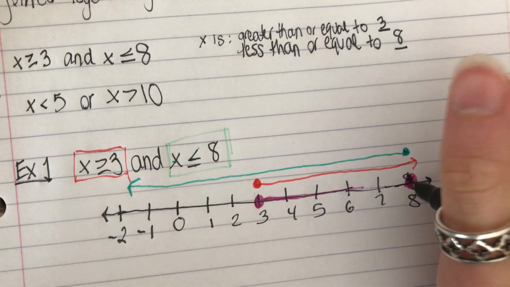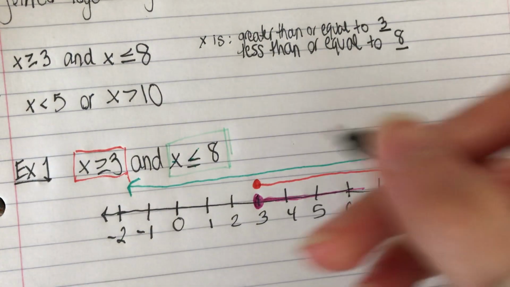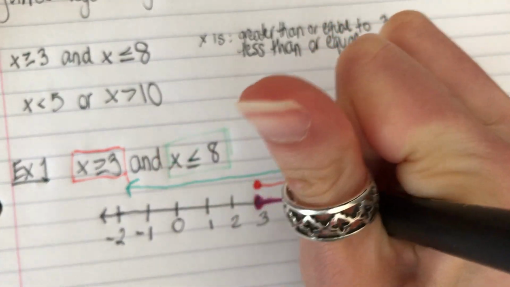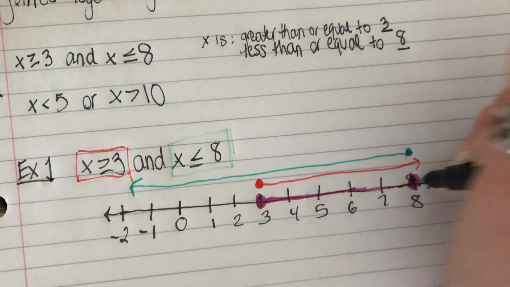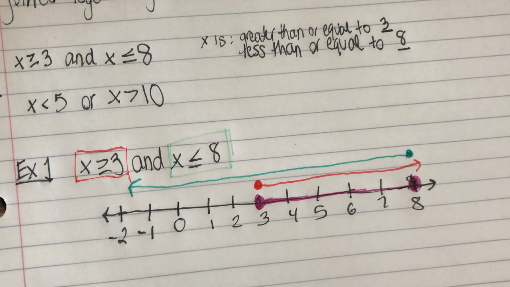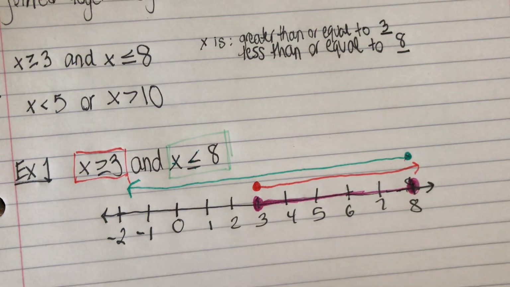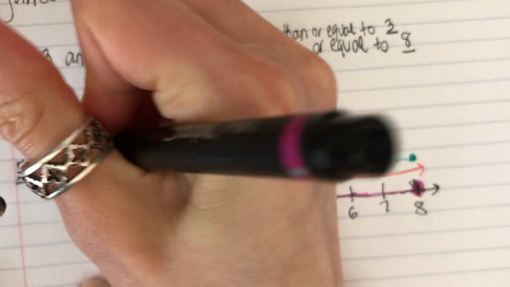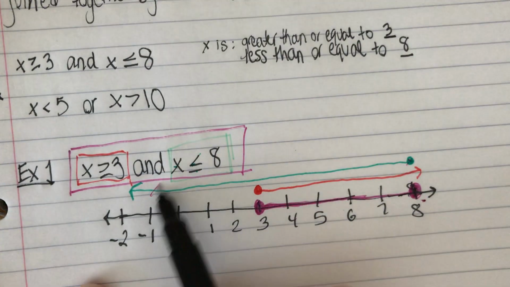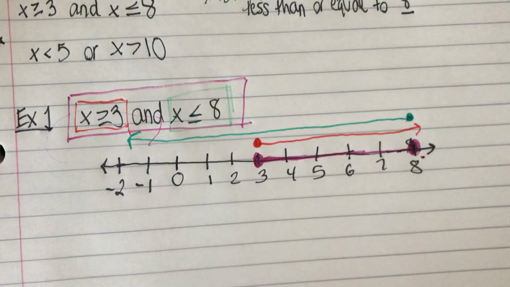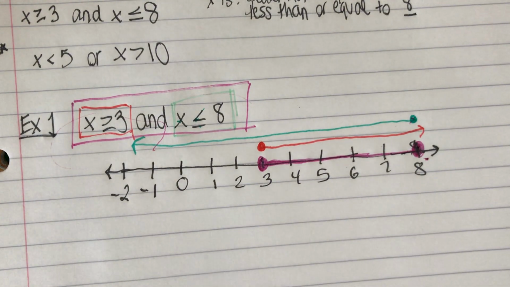So basically what I do is I just combine my 2 into 1, saying, okay, it can be greater than 3, but it also has to be less than 8. So I just took my points down and connected them. I'll put a pink around this whole thing to show that the pink part of the graph is taking them both together. Okay, so x will be somewhere in between 3 and 8.